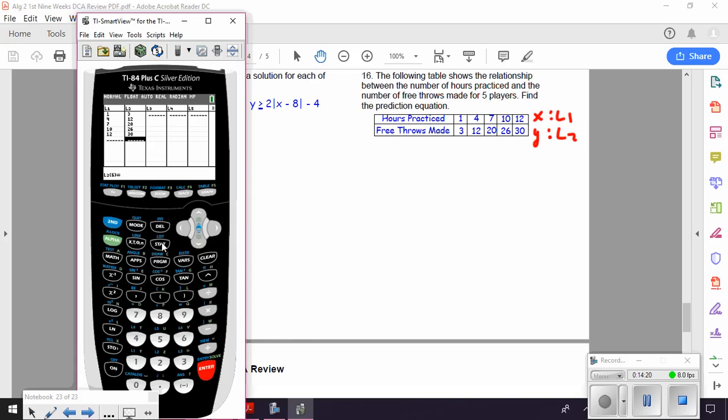And now we go to Stat, Calc, then Regression. Go down to Calculate because everything is where we want it to be. Hit Enter.